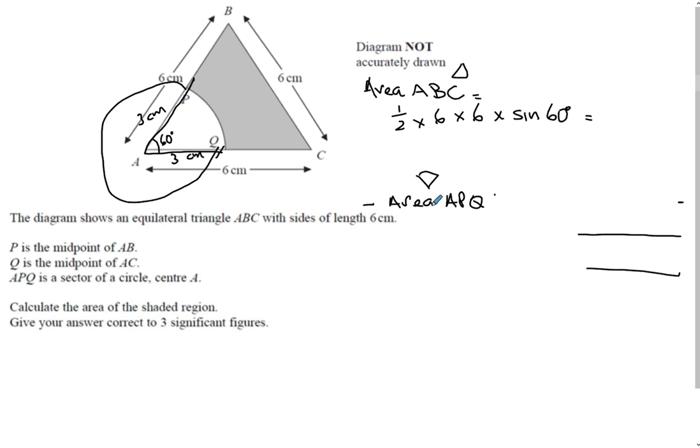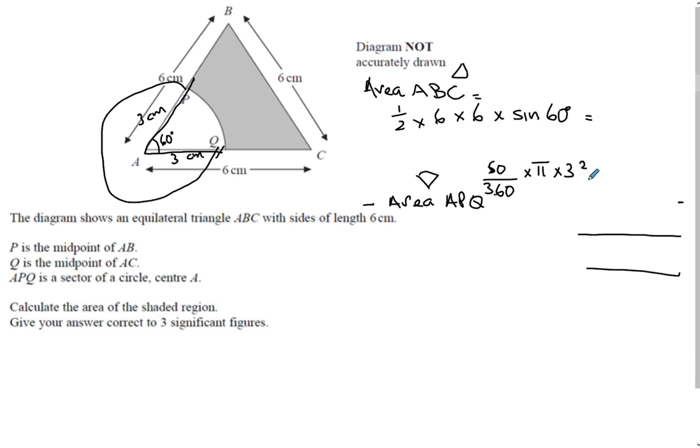And area APQ, what fraction of the circle is it? It's 60 divided by 360. And then the area of the circle is pi r squared. What's the radius of the circle? That's the center, so that would be 3. So you've got 3 squared.